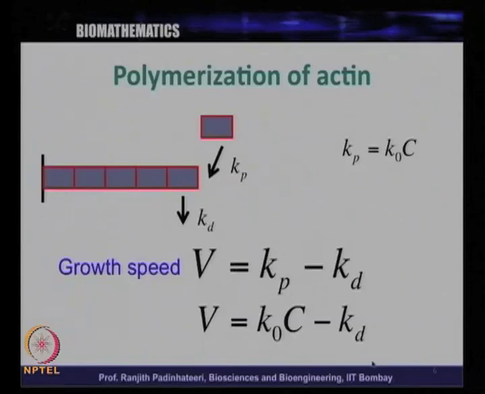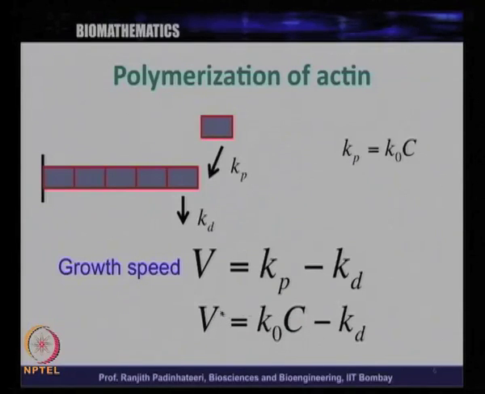So, the growth velocity can be written as V equals K0 C minus Kd, where Kd is the depolymerization rate. This is the simple formula for polymerization speed, how the polymerization speed is related to the concentration of free monomers in the solution. The more free monomers, the more polymerization will happen. Now, you can plot a graph between V and C.